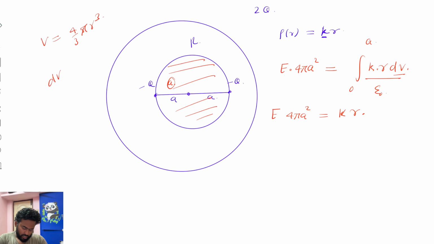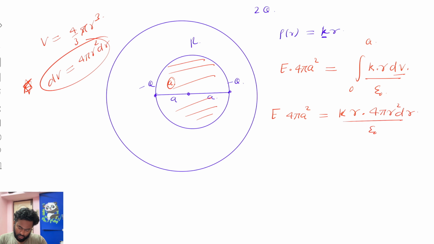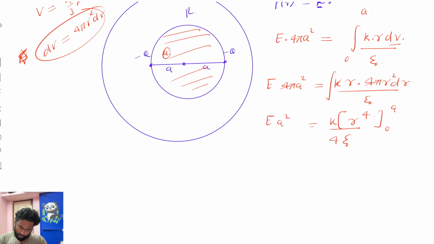If you differentiate it, dV will be 4 pi r square dr. Important. So 4 pi r square dr by epsilon naught, integral. Okay, 4 pi cancels. So it will become kr cube dr, k r power 4 upon 4 epsilon naught, putting the limit 0 to a.